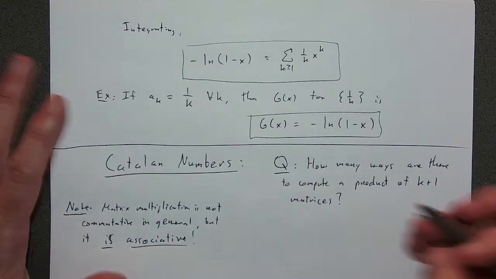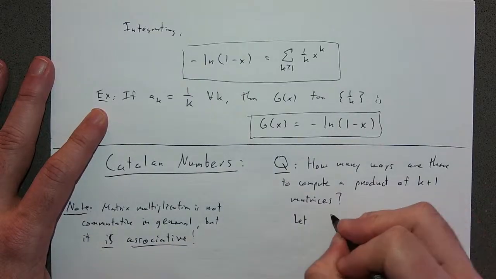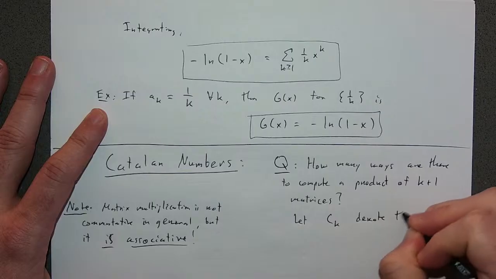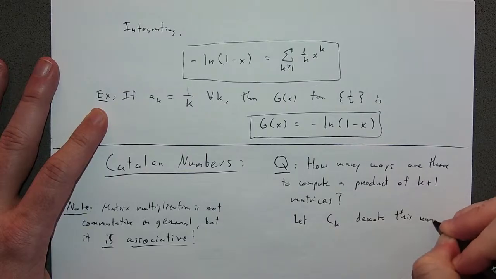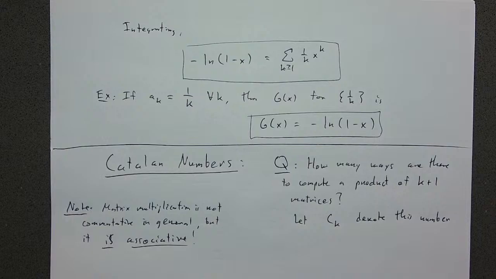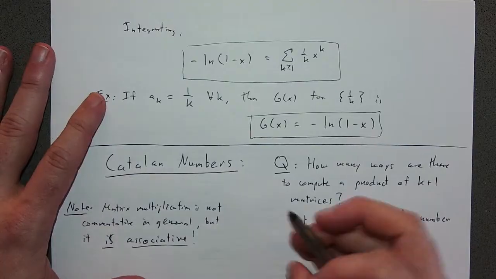So let C sub k denote this number. Now, product of one matrix, there's only one way to do that.